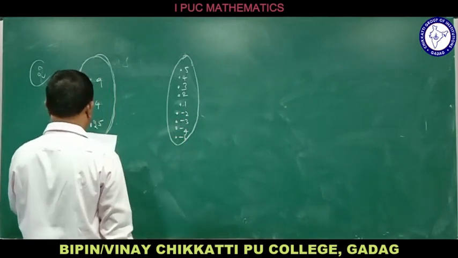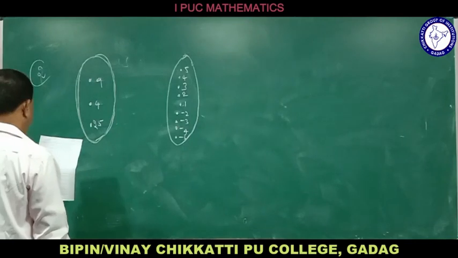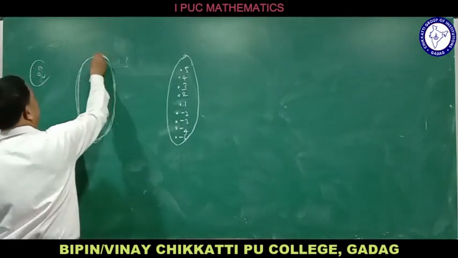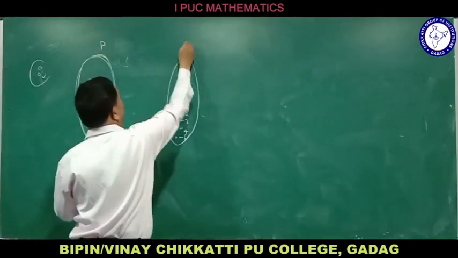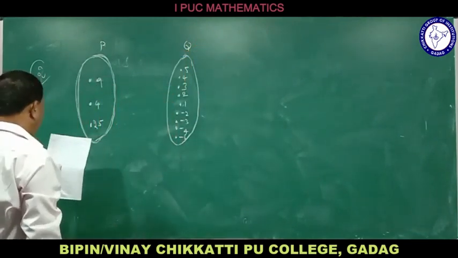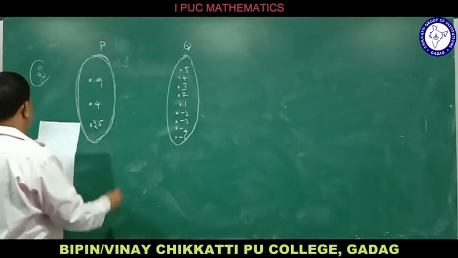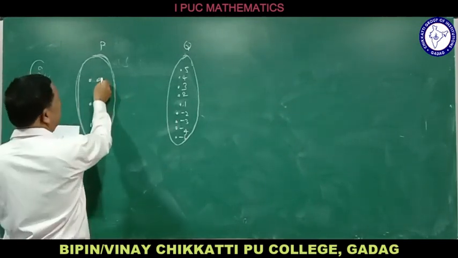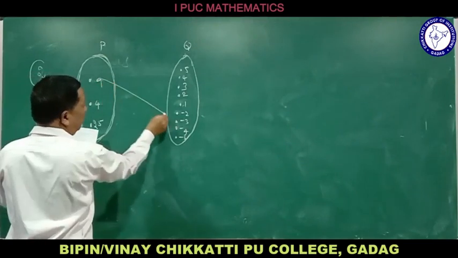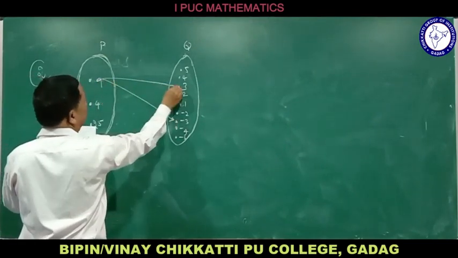And the relation between the sets is given, and I take that this set is P and I write this set is Q. See, the question is that in the above figure it is given that 9 is represented to 3 and 9 is also represented to minus 3.